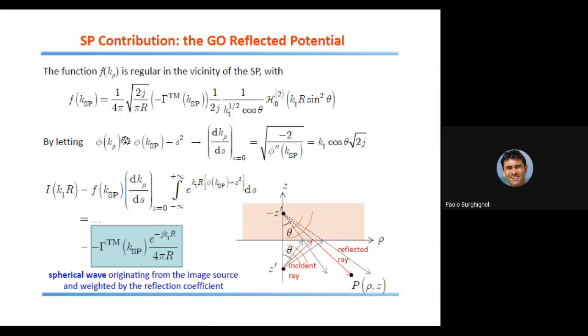Now, if we match the function in the exponent with a canonical polynomial phi of k_sp minus s squared, and we evaluate the derivative of the original integration variable k_rho with respect to the new integration variable s at the saddle point in the s-plane, that is at the origin of the s-plane, as we saw in the previous lesson, the ratio is given by minus the square root of -2 divided by the second derivative at the saddle point.